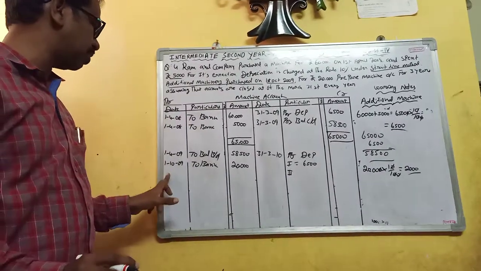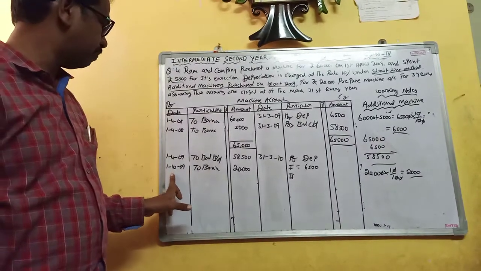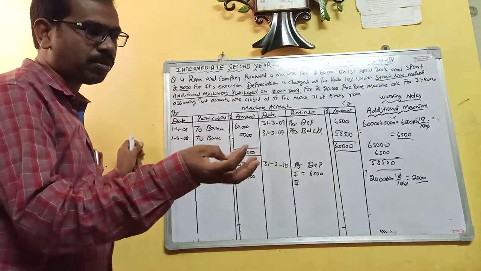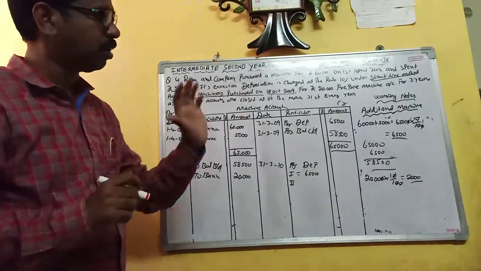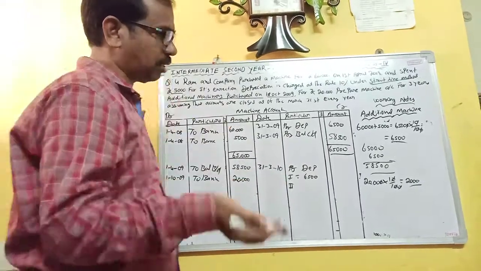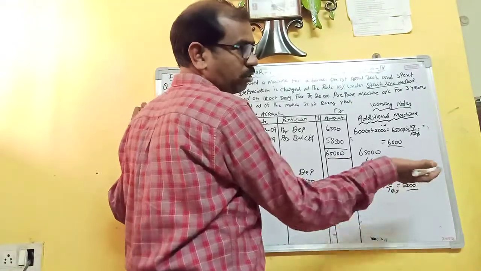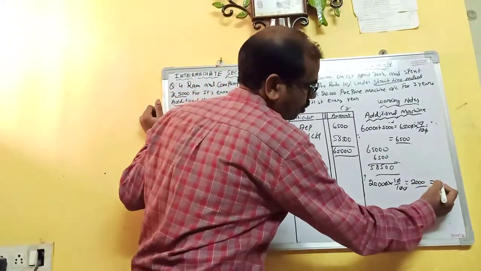But we bought the machinery on 1st October: October, November, December, January, February, March. Only 6 months. We have to calculate only 6 months depreciation. Directly we can take 2,000 divided by 2, which is 1,000.